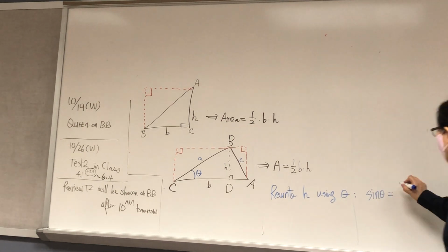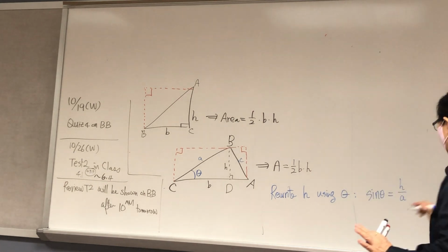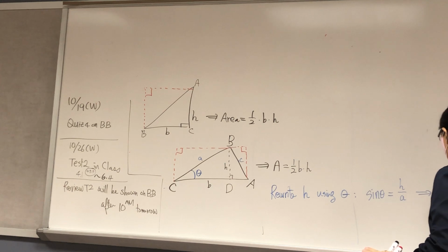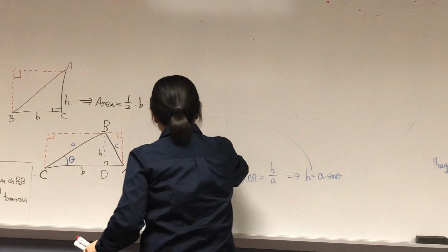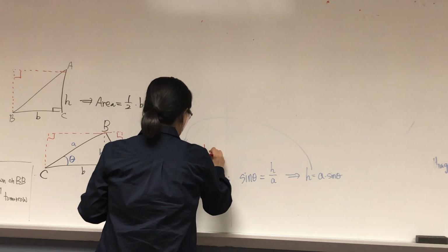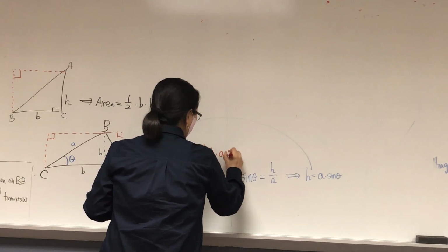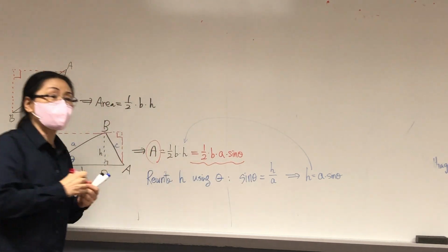H over A. Very good. ABC is given, so H is A sine theta. And then we substitute here. What is your new formula? One half B times A sine theta is the way to measure your area in general.